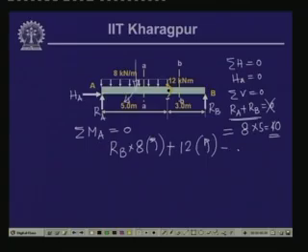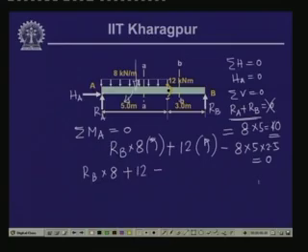So, minus 8 into 5 times 2.5, and this is equal to 0. So, this gives us RB times 8 plus 12 minus 40 times 2.5, which is 100, equal to 0.